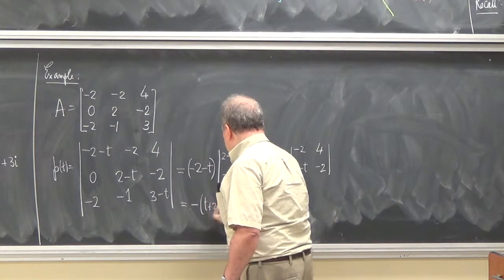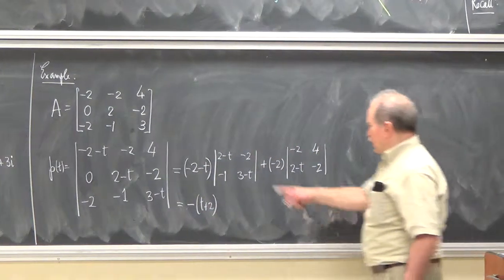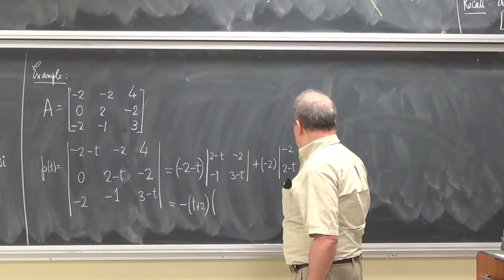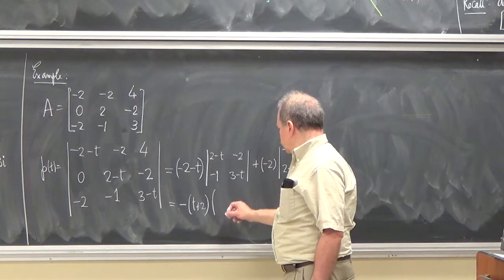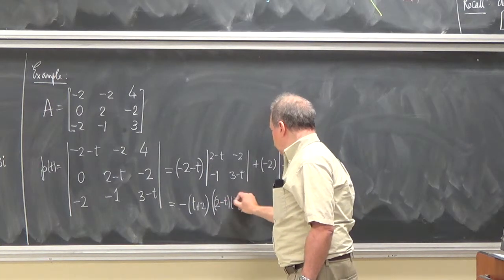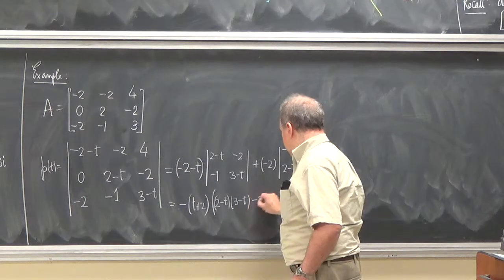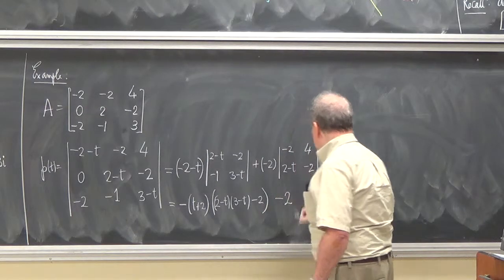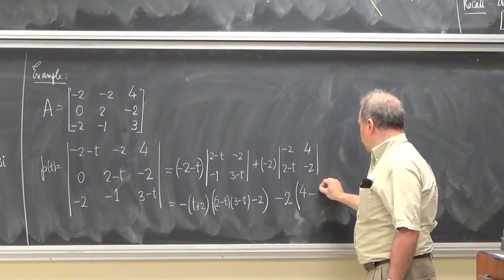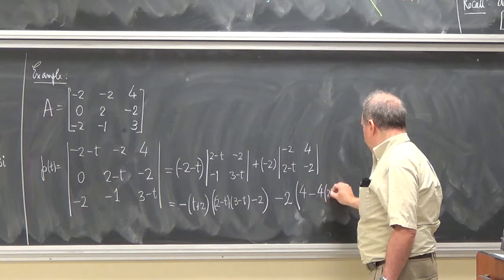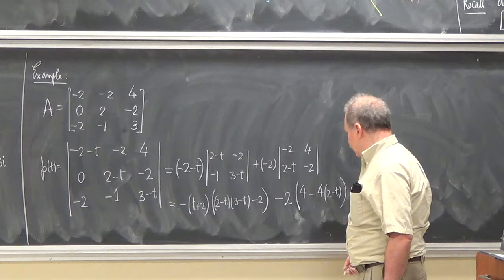And to save me some negatives, I'm going to factor out the negative there. All right, what do I get here? t minus 2, t minus 3, minus 2, minus 2. Then I have minus 2 times 4 minus 8 plus 13.